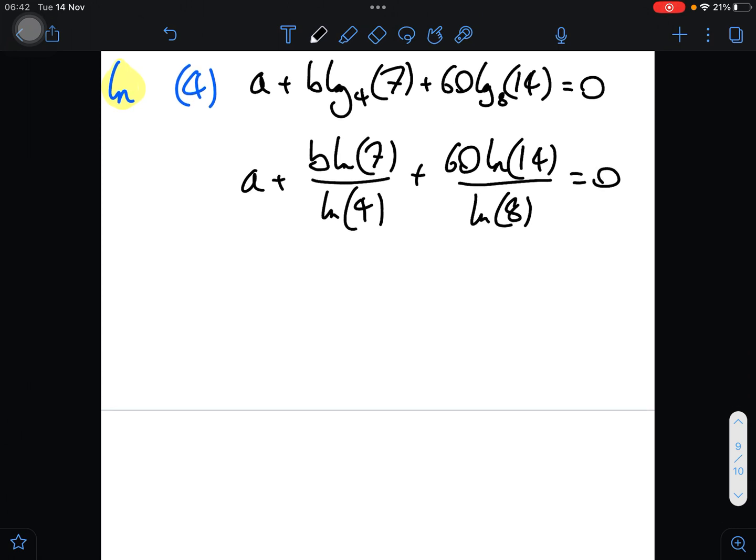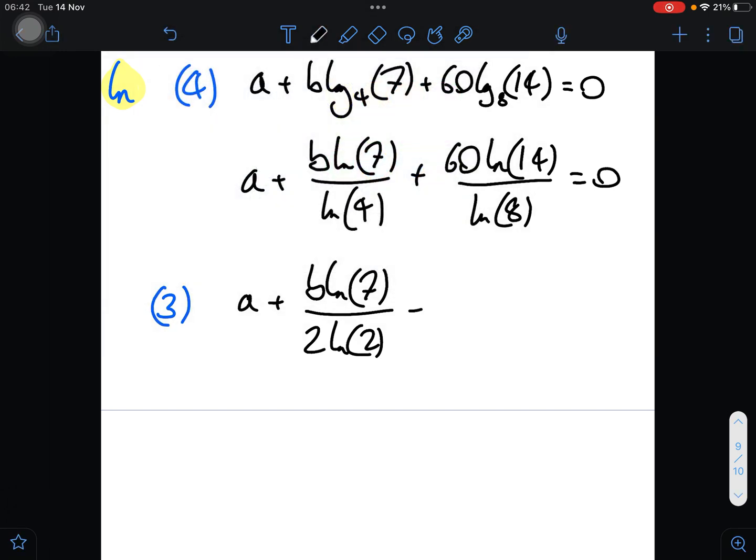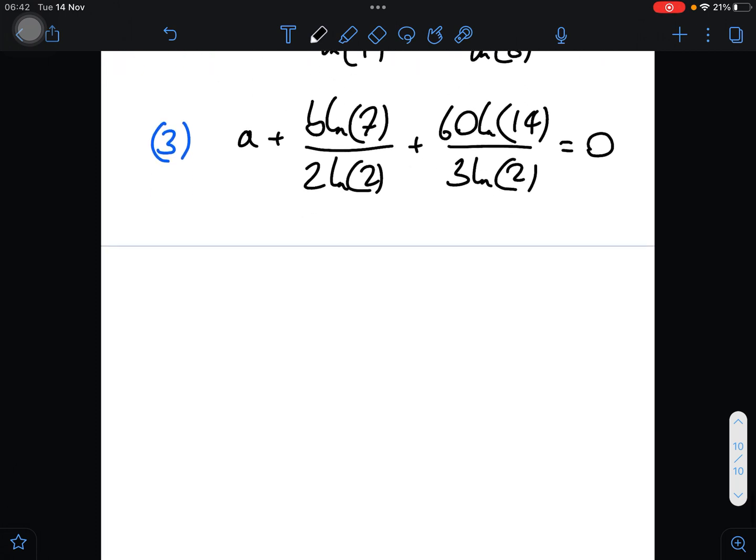Well, let's get them all in terms of ln 2s and 7s. So we'd get a plus b ln 7 over 2 ln 2, same rules as last time, but this is using rule 3, the power rule, and plus 60 ln 14 over 3 ln 2 equals 0.